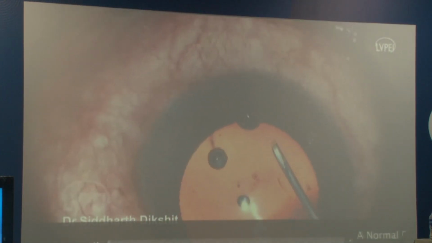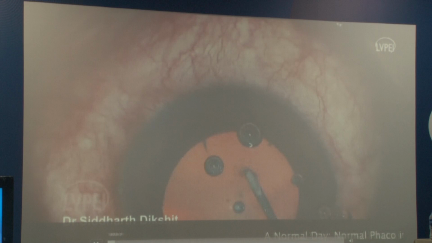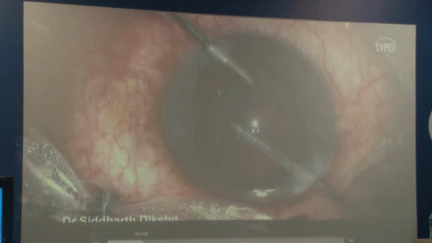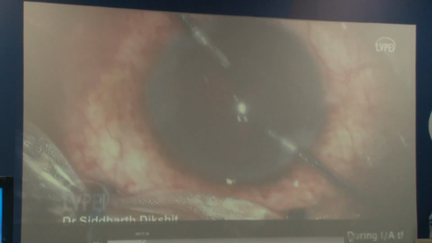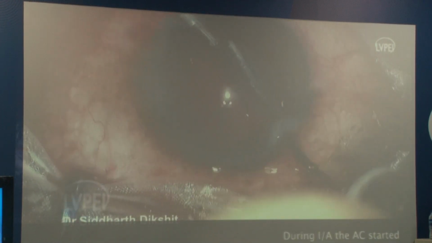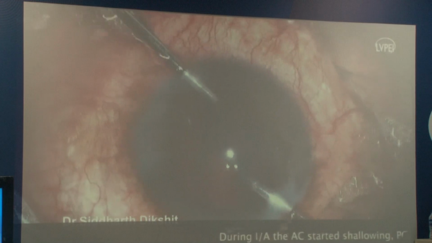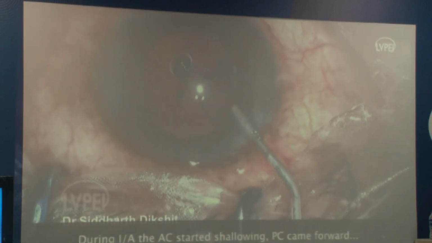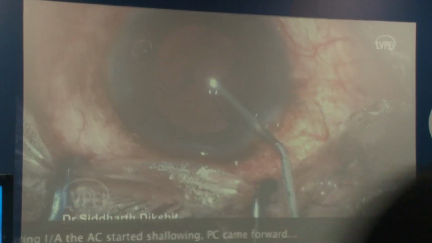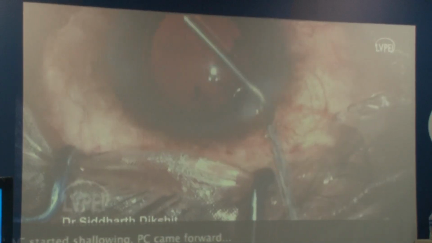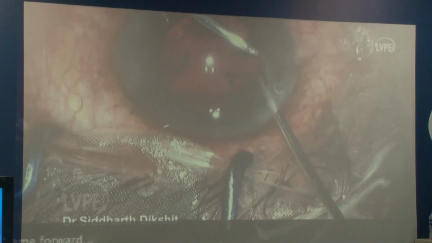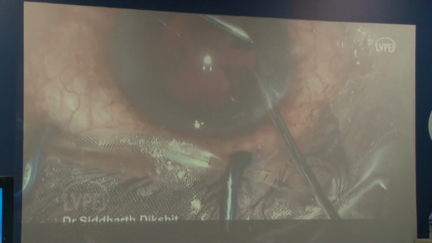This is one of the examples of such a patient. When I began the surgery normally, during irrigation aspiration I realized that the posterior capsule was coming up so much that it was bulging beyond the rhexis margin, and it was becoming difficult to aspirate the cortex with safety. Attempts to fill the eye with viscoelastic did not result in any improvement.